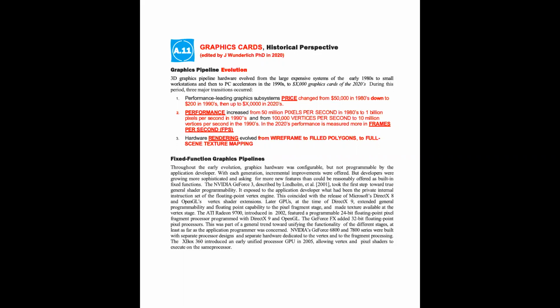And then the third thing is what you could render. Originally, it was just wireframes, then filled polygons and primitives of different shapes that you put together. Now everybody expects, and you get, full scene texture mapping.